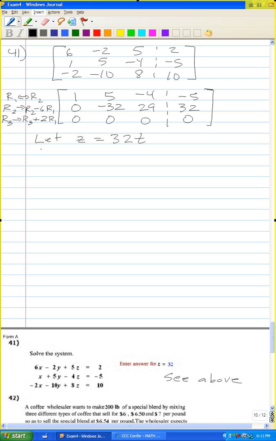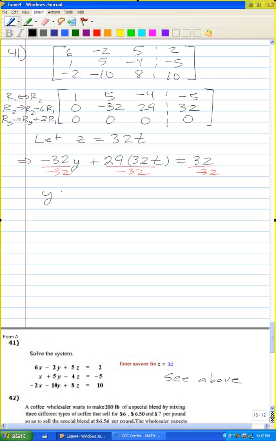Then, let's write this last equation. -32y plus 29z, which is 32t, equals 32. Let's divide everything by -32. That'll make my life much easier. Then I won't have big numbers to deal with.